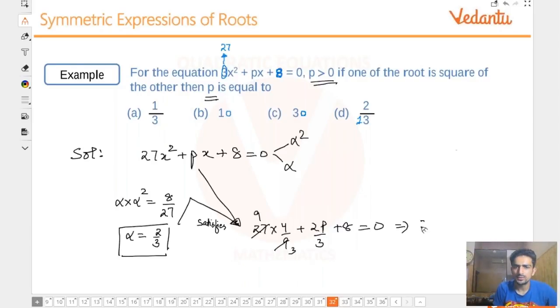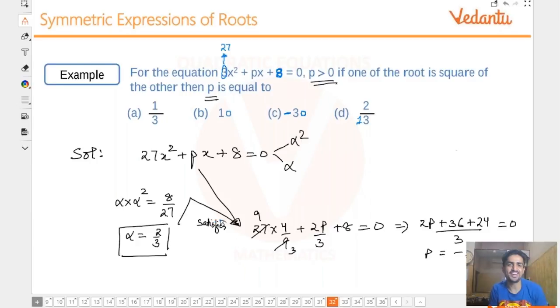So it is 2p plus 36 plus 24 by 3 equal to 0. So p comes out to be minus 30. Sorry, it is minus. Yes, it is minus 30. Everybody look at the solution.